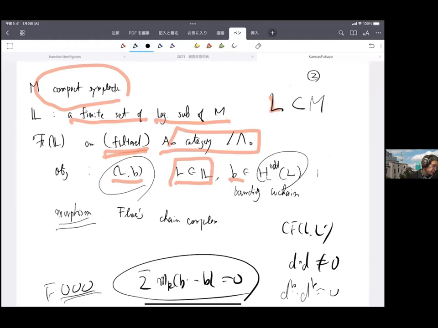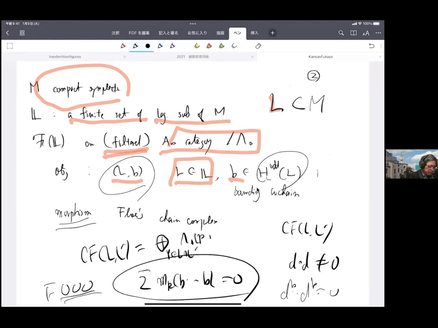Kenji, do you assume that they are somehow transversal? Yes. Two different Lagrangian submanifolds are assumed to be transversal. Or at least clean. So you have L and L prime, and then the morphism space is just a sum over the intersection points.